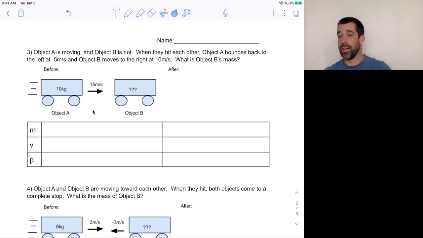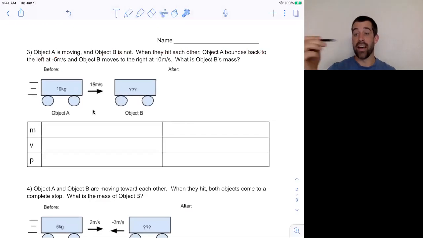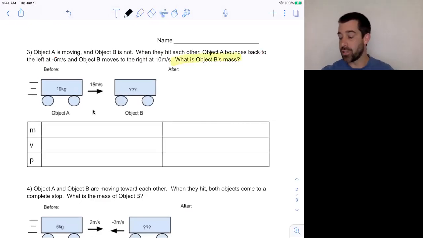So here we go. Problem number 3 says object A is moving and object B is not. When they hit each other, object A bounces back to the left at -5 meters per second. Remember, negative because it's moving left instead of right. And object B moves to the right at 10 meters per second. What is object B's mass? So that's what we're trying to find. All right, so let's draw our after picture.